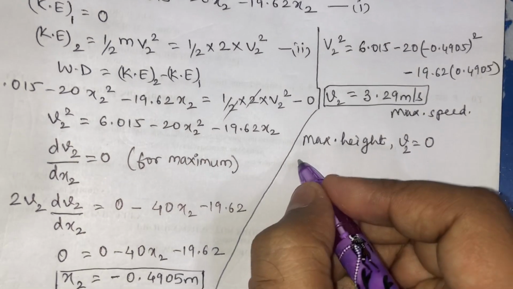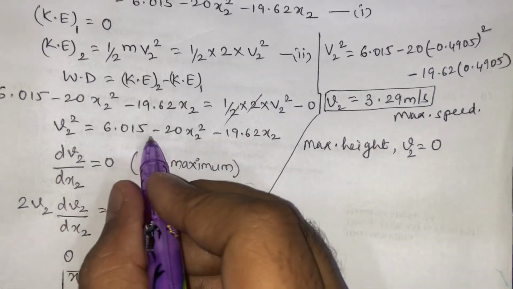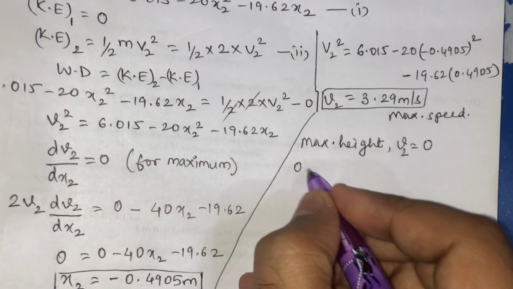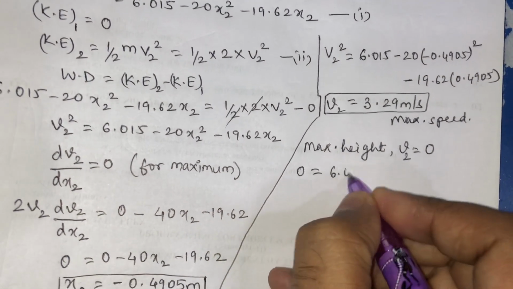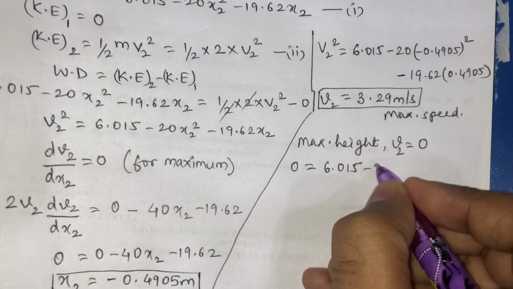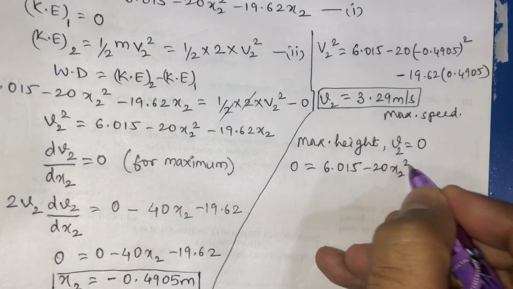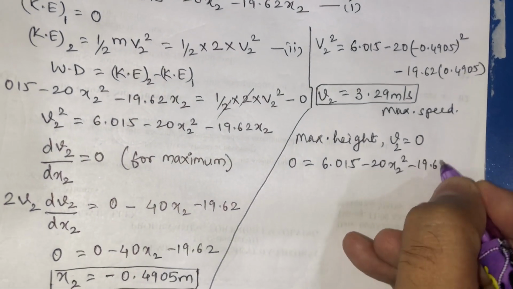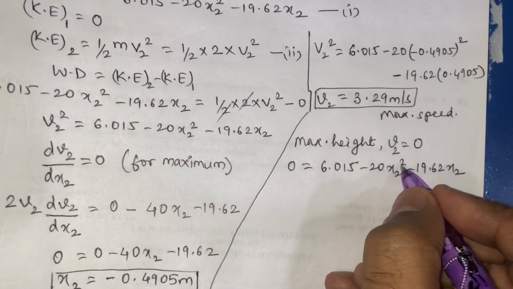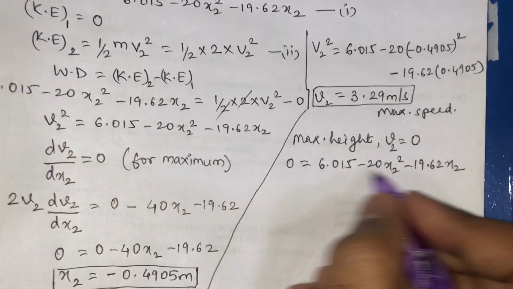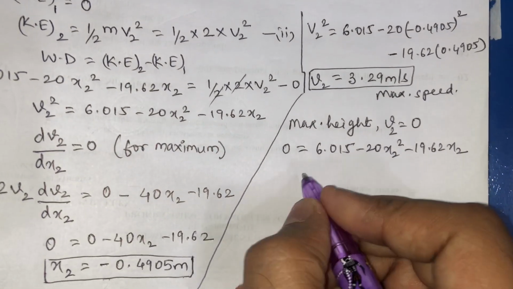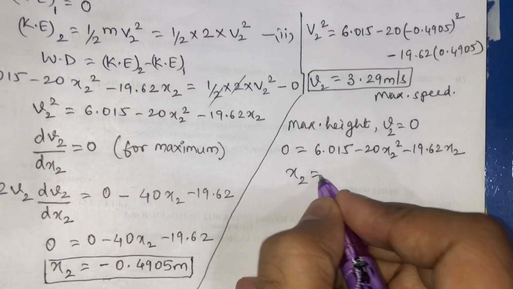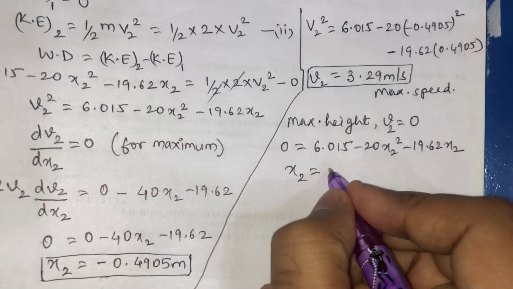So substituting v2 as 0 in this equation: 0 equals 6.015 minus 20 x2 square minus 19.62 x2. This is a square term and this is the normal term, so it becomes a quadratic equation. With that, I'll be getting x2 in two forms.